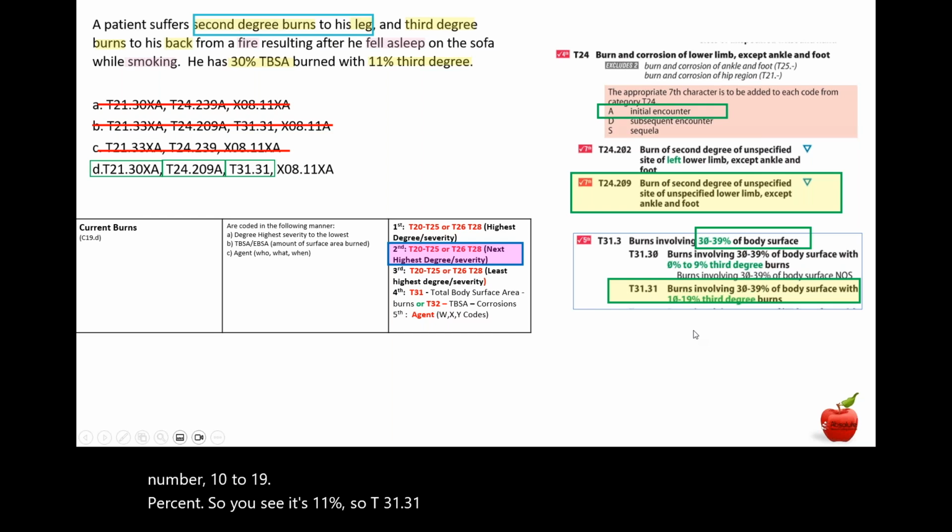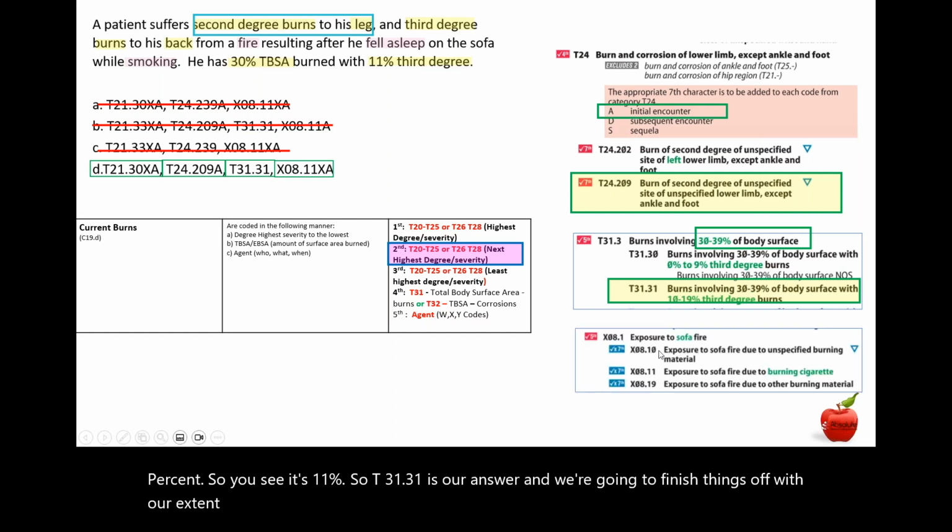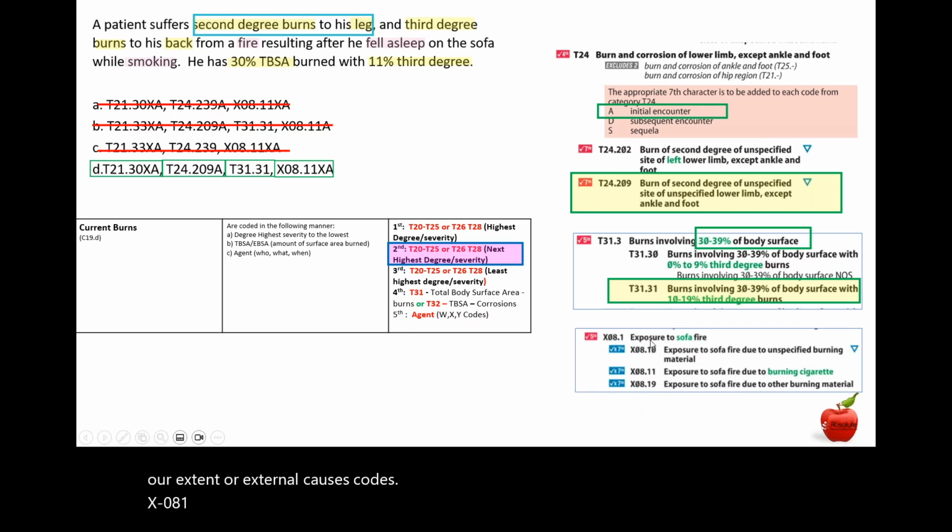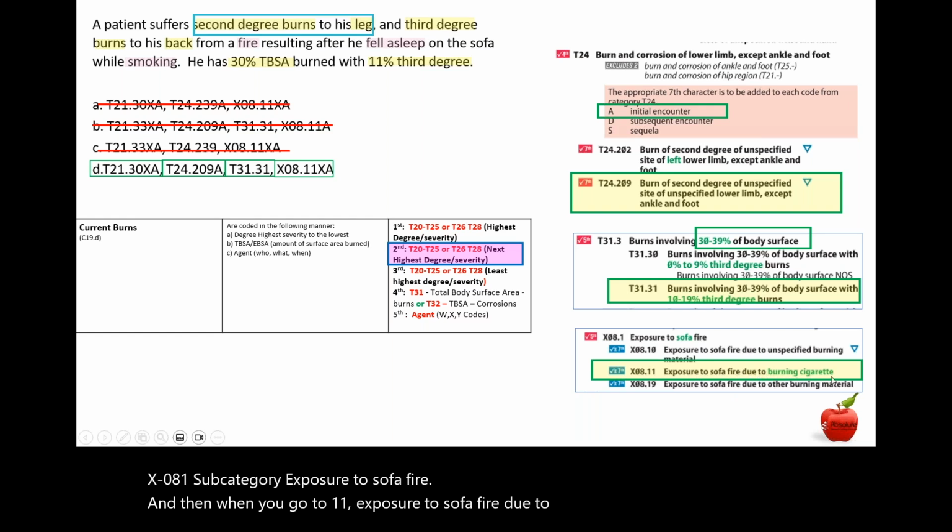So T31.31 is our answer. And we're going to finish things off with our external causes codes. X08.1 subcategory, exposure to sofa fire. And then when you go to 11, exposure to sofa fire due to a burning cigarette.